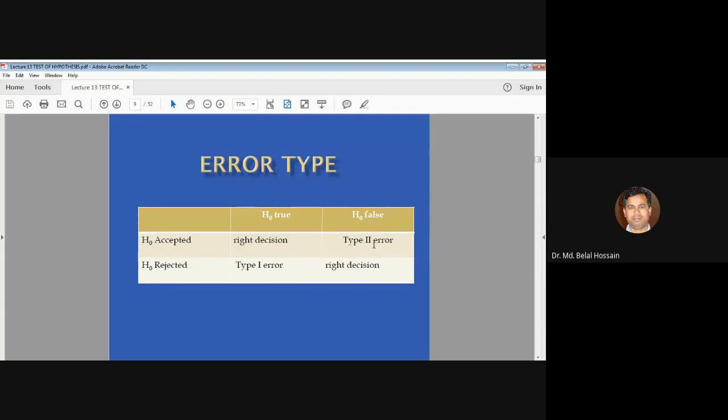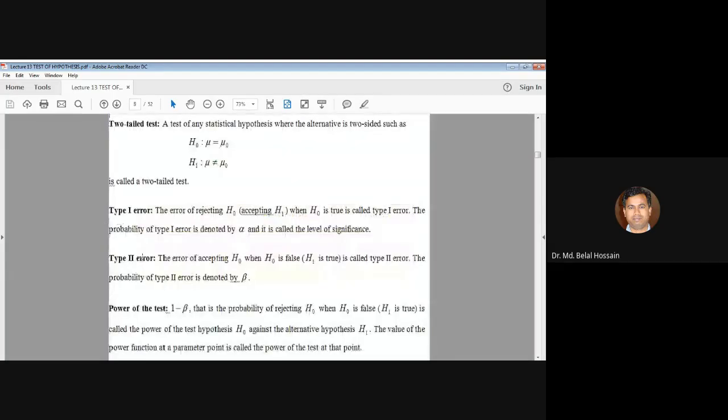A guilty person should be punished, but we couldn't. But the benefit goes to that man. But here, the true man is actually sentenced. Okay? So these are the differences between type 1 error and type 2 error. The probability of type 1 error is alpha, the probability of type 2 error is beta.